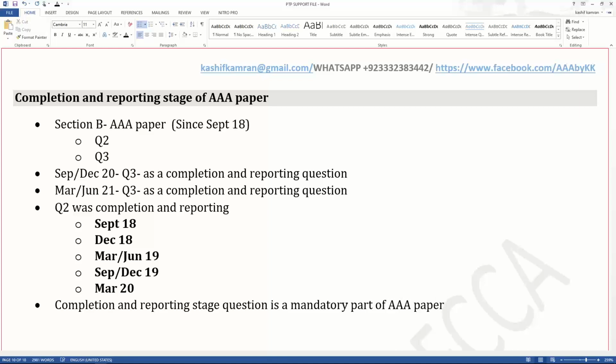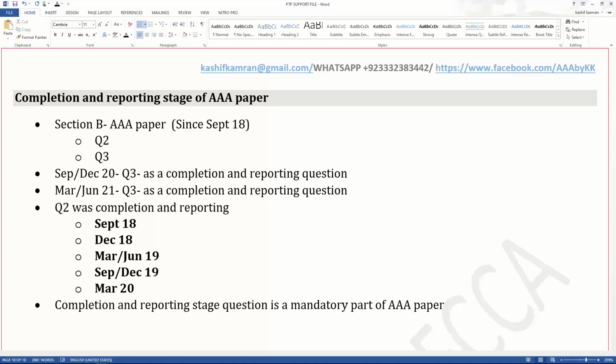Just like a question on audit risk and risk of material misstatement, or business risk, just like you have a default question number 1, you have a default question on completion and reporting. But I think the examiner has now made the right track of the AAA paper.